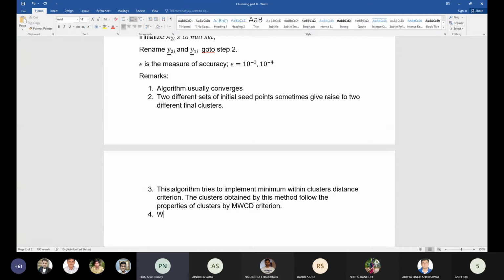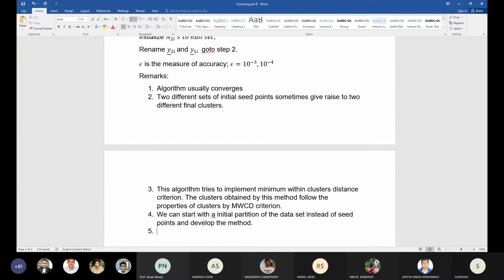Next, we can start with an initial partition of the data set instead of seed points and develop the method.